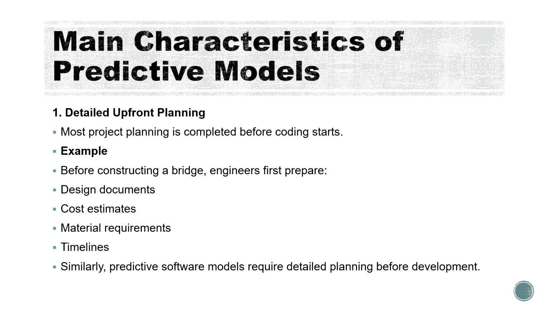Main characteristics of predictive models. The first major characteristic is detailed upfront planning. जैसे मैंने आपको पिछली स्लाइड में बताया कि before going into the actual construction, we do a lot of planning. So in predictive models, most planning is done before coding begins. अब इसमें क्या क्या इन्वॉल्व होता है?